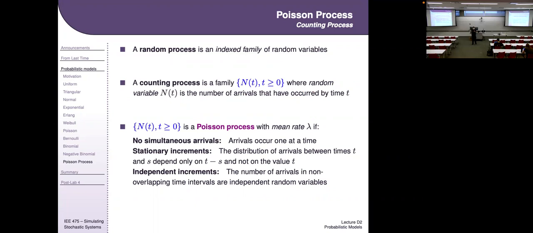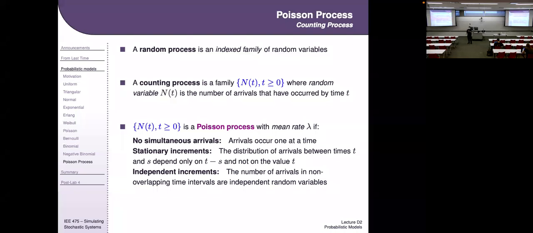So we can think about like, okay, at time 0, how many arrivals might I have gotten? At time 0 plus 0.5, how many arrivals might I have gotten? At time 0 plus 1, how many arrivals might I have gotten? Each one of those questions is asking a question about a random variable. So at every time, you have a different random variable, and that random variable has its own statistics.